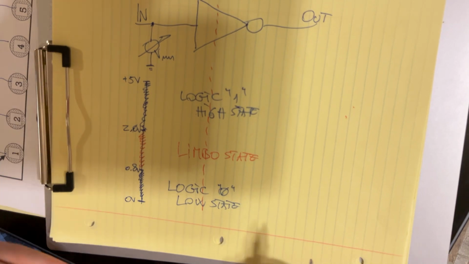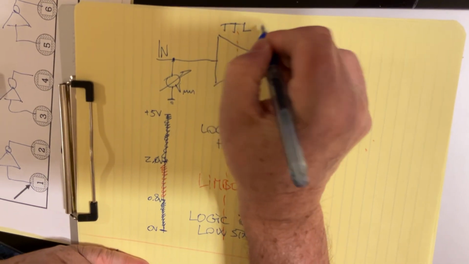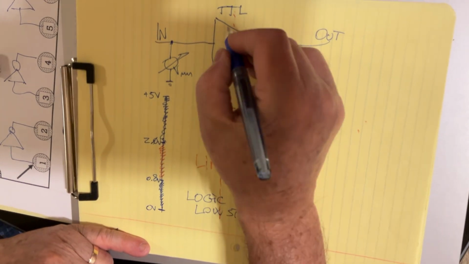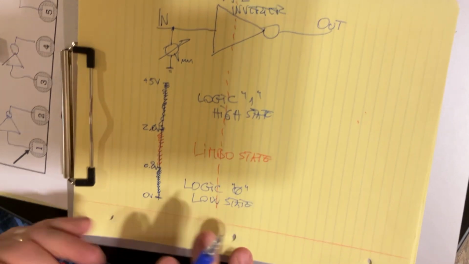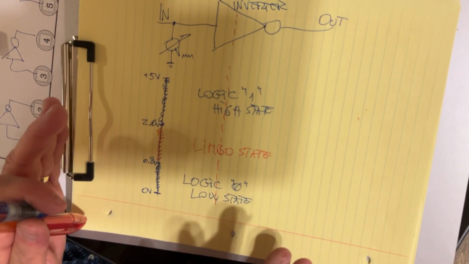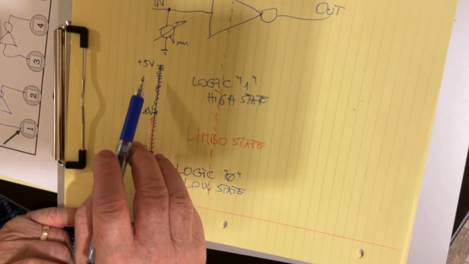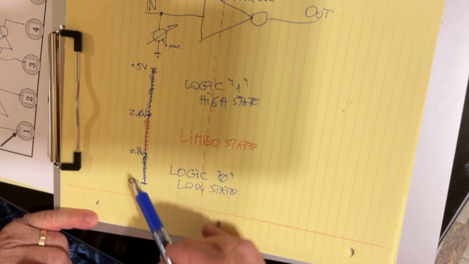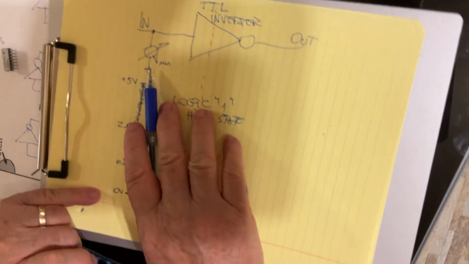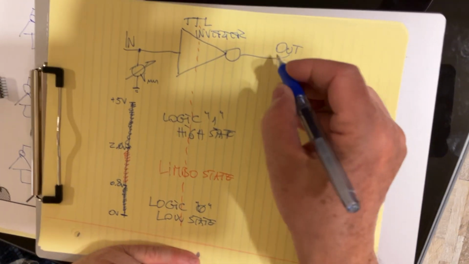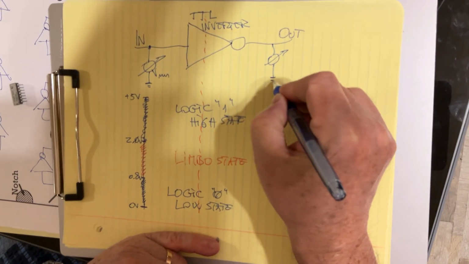Okay? So, here was our TTL circuit, the TTL inverter. And what we are talking about now can be applied to any TTL circuit with a 5 volt power supply. Any of them, at any input, is going to respect that. Okay? So now let's move the voltmeter to the output. We're going to connect the voltmeter right here.